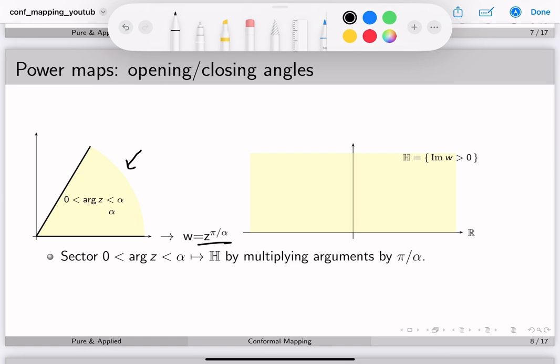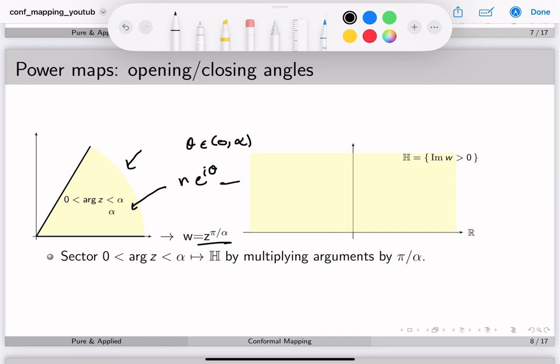Why does this map take this domain to the upper half plane? Let's see. You can think about it again in two ways. This map takes input r e to the i theta, with theta being between 0 and alpha, right?